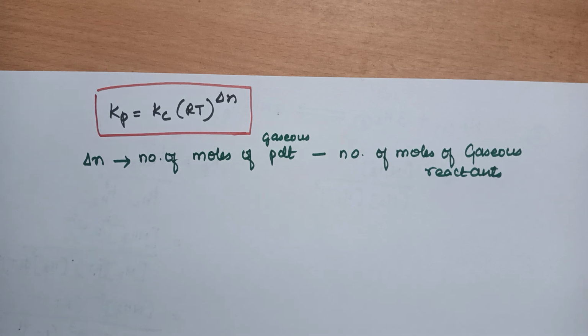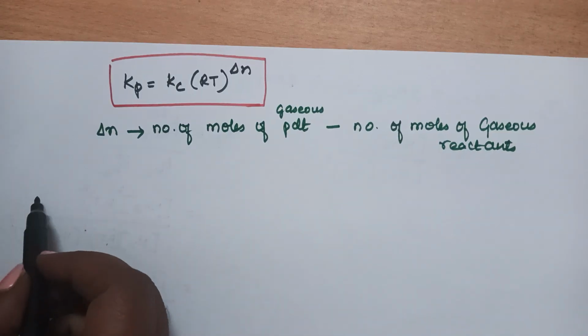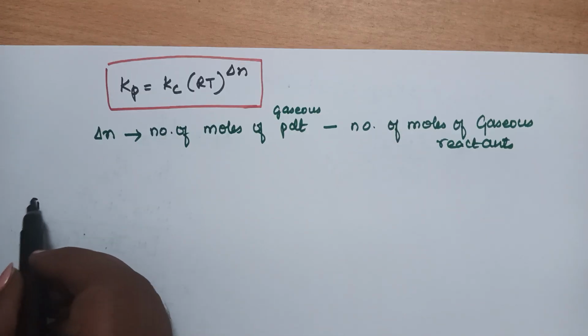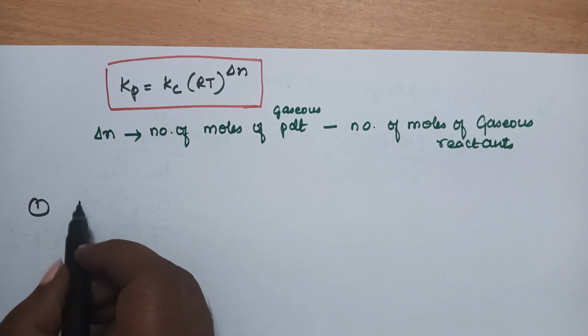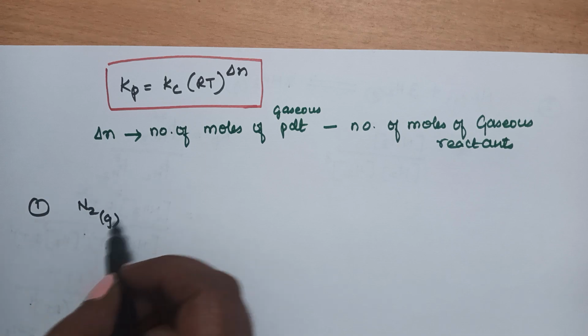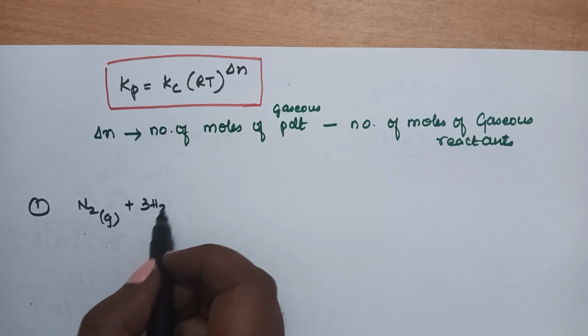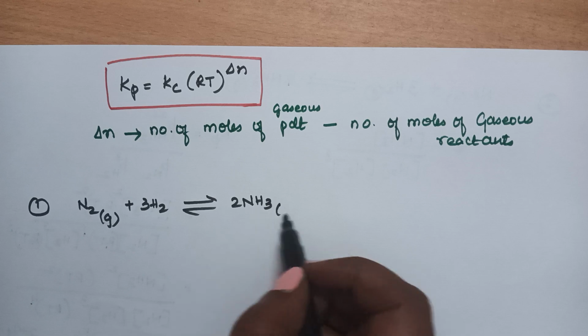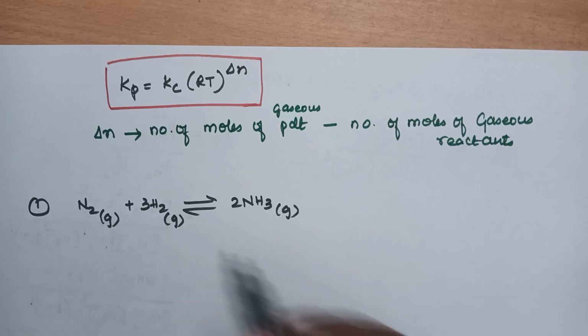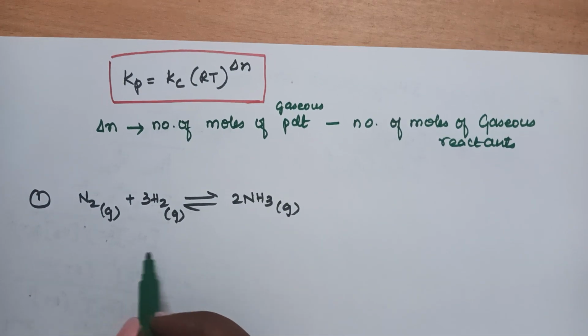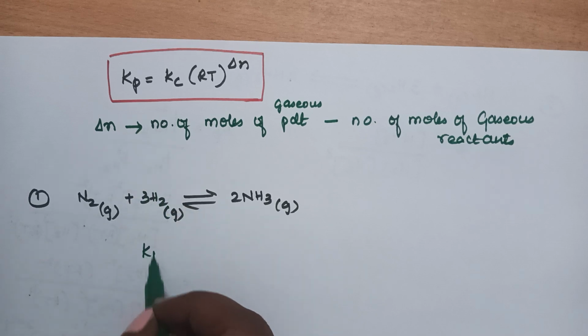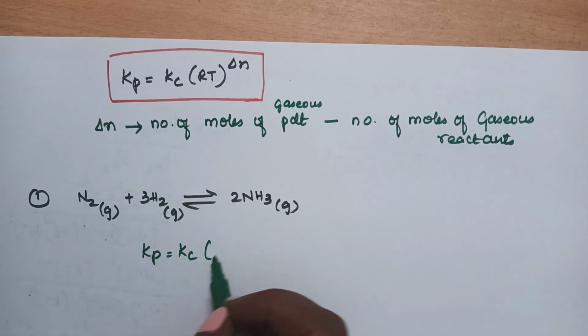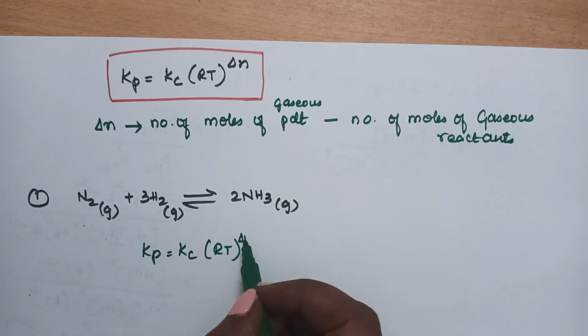So now let us take examples and write the relationship between Kp and Kc. So first example, N2, just now we got, plus 3H2 giving 2NH3 gas. So now write the expression directly. Kp is equal to Kc RT to the power of delta n.